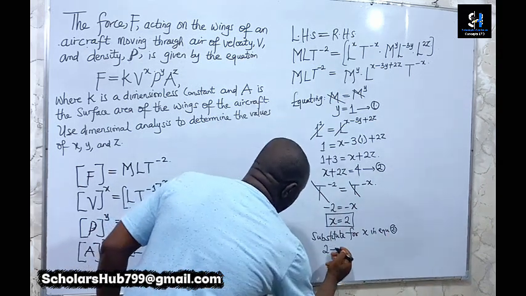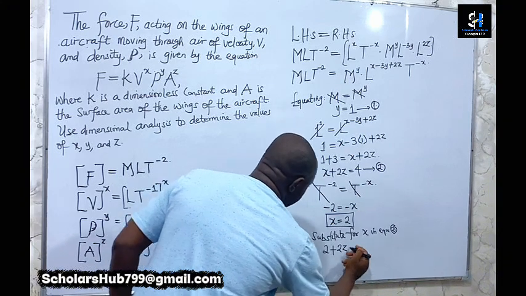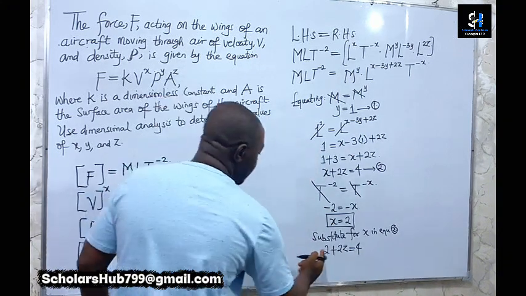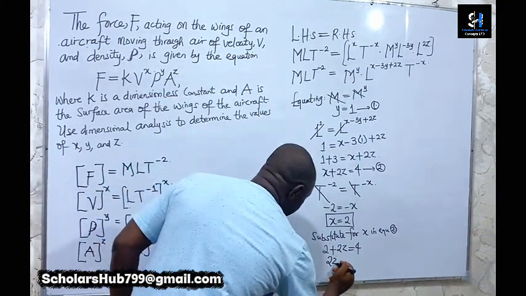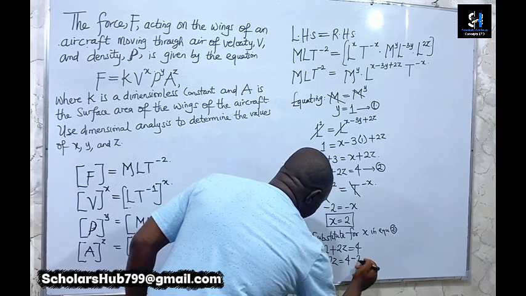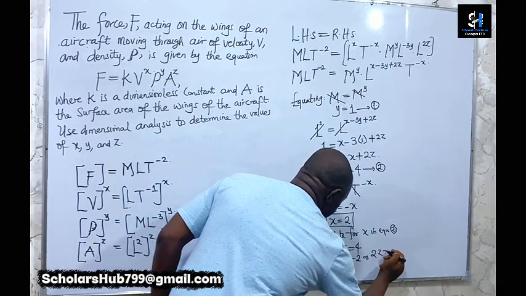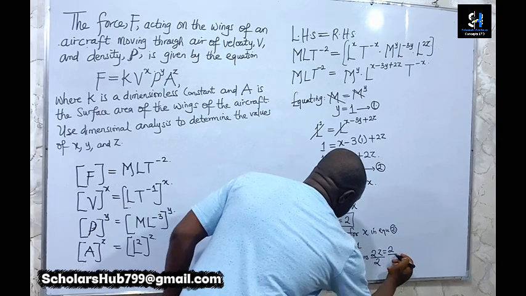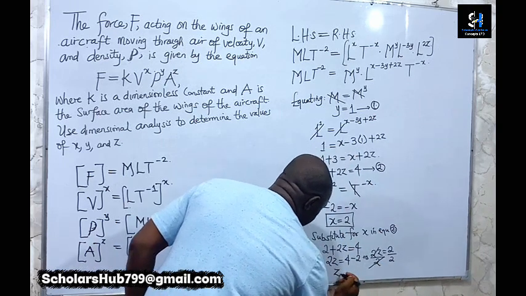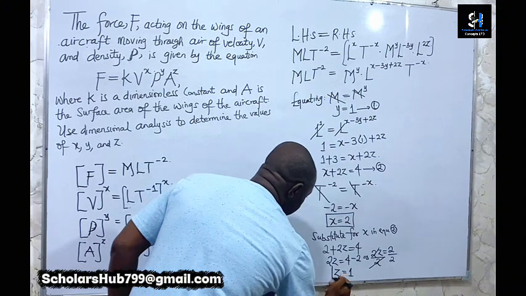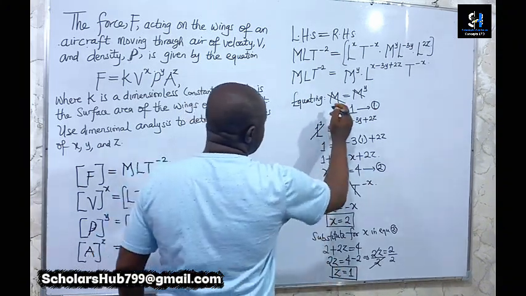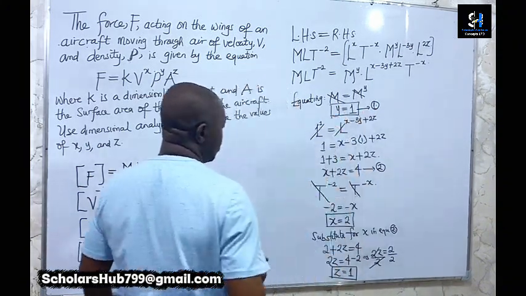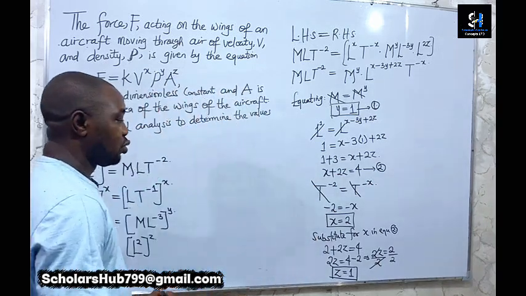So x is 2, so we add 2 to 2z and make it equal to 4. I'll move this to the right side so that 2z equals 4 minus 2, then 2z equals 2. Dividing both sides by 2, z equals 1. So z is equal to 1, y is equal to 1, and x is equal to 2.